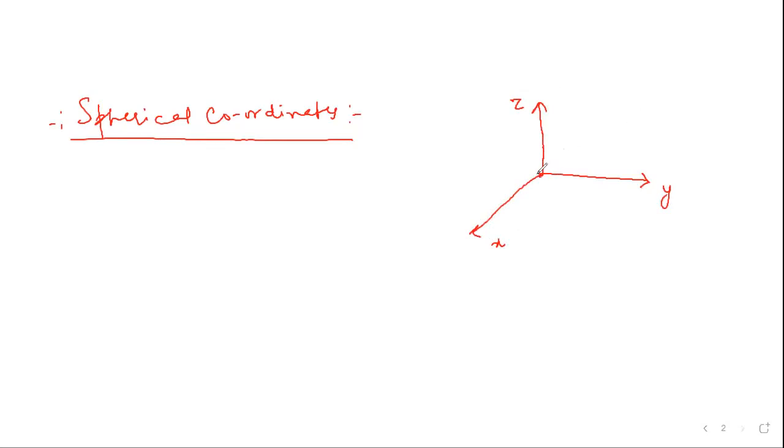This is my origin, and there is some point P. One coordinate is the distance of the point from the origin, r.